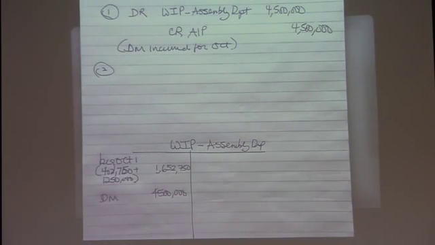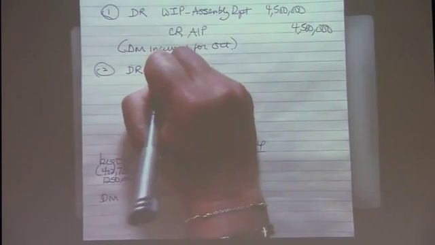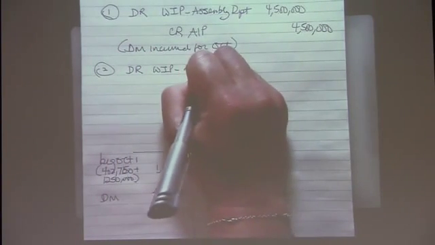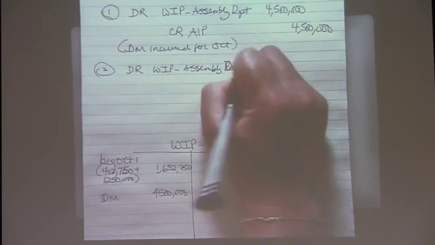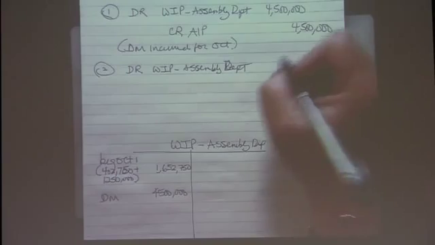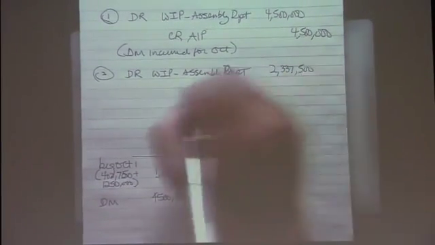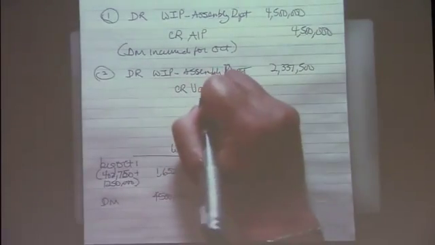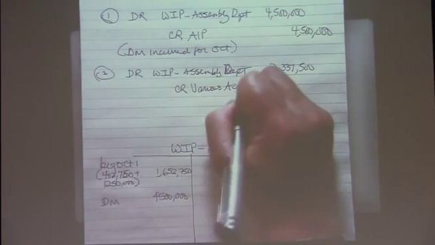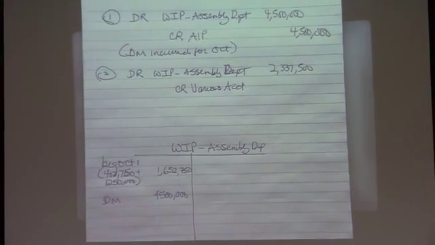Now the conversion cost, I was actually getting to that. We're going to debit work in progress assembly department again, and that one is 2,337,500. We're going to credit, this time, various accounts, because these are things like amortization, it could be an insurance prepaid, because remember, this is supposed to be a conversion cost.